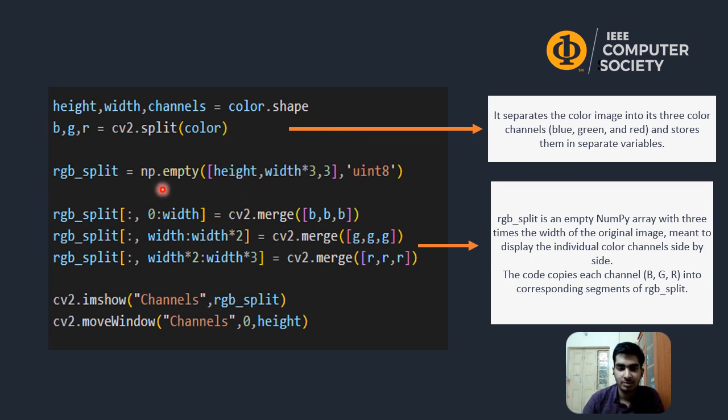Here, what I am creating is a new blank image. It's a NumPy array with three times the width of the original image. That's why I have given width multiplied by 3, because I want to display three images of the same butterfly.